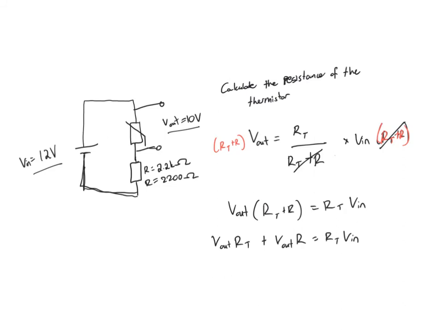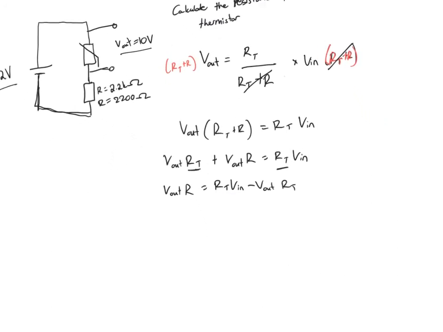I'll take all the resistance of the thermistor expressions to one side. So that will be V out R is equal to V in minus V out RT. Then take RT as a common factor.